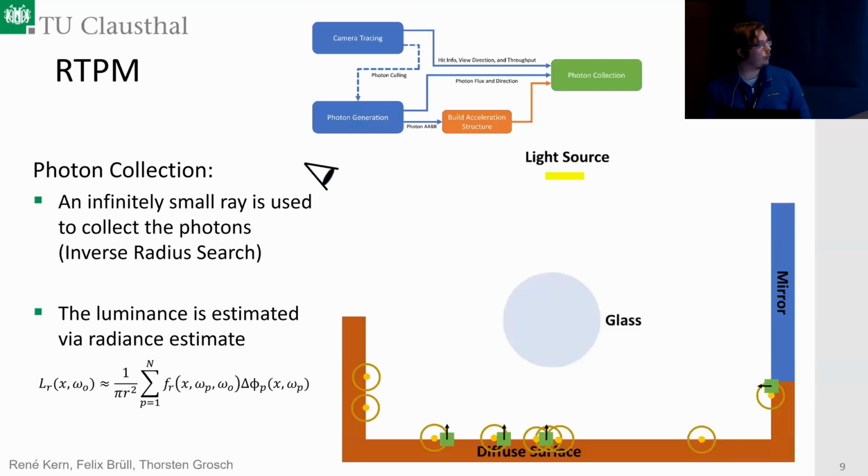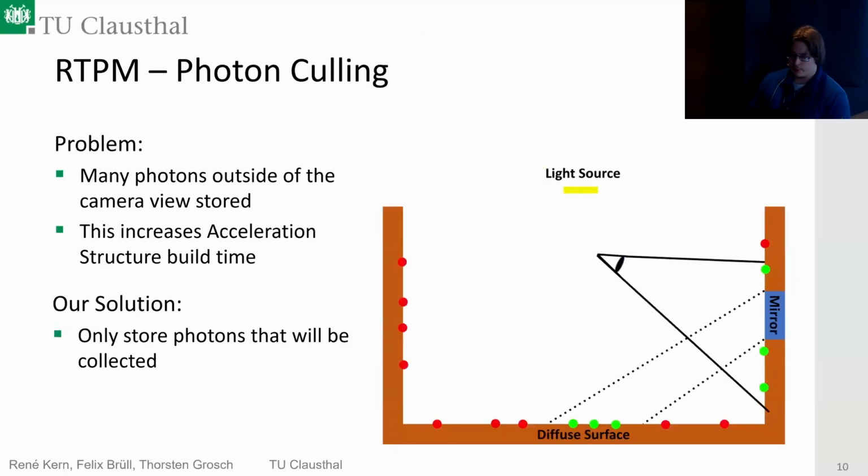So this is the most basic version of our photon mapper, which is built on existing techniques. But we noticed some small problems with it, which we wanted to address in our work. The first problem we noticed is that on bigger scenes, many photons are not actually collected, but we still build an acceleration structure with them.